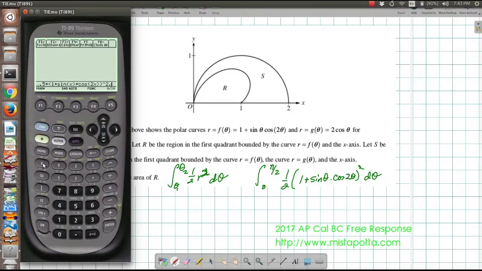I'm going to integrate this with respect to theta, and I'm going to do it from 0 to pi divided by 2. So I'm going to do this calculation, and we get 0.648.